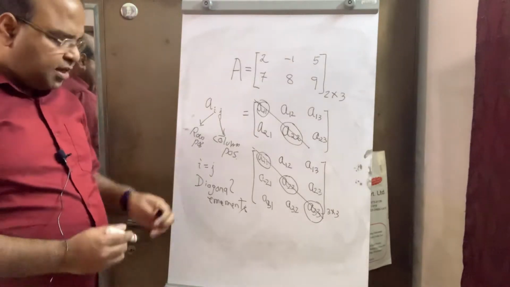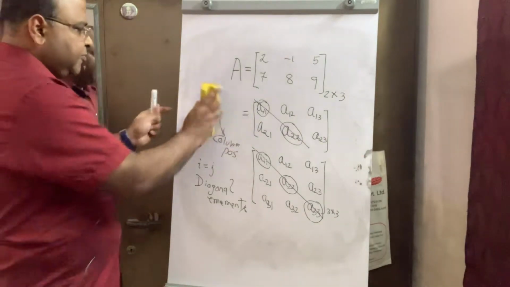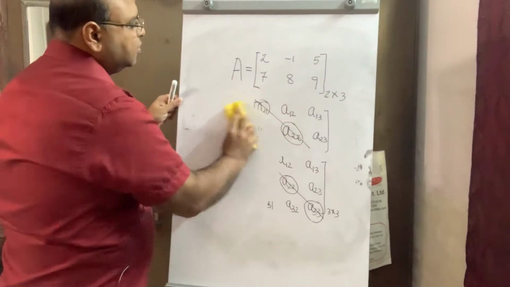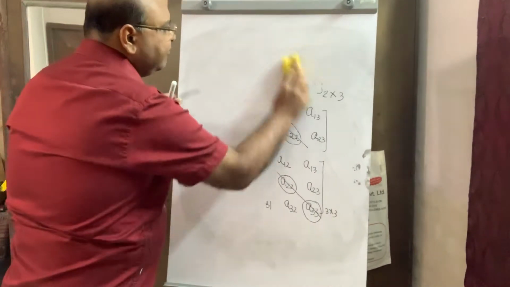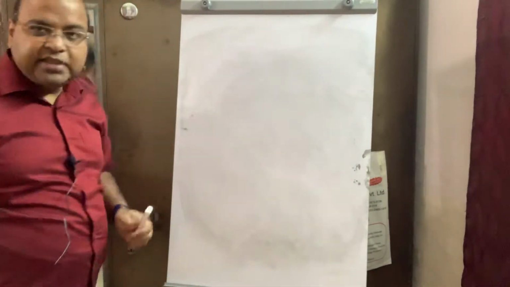Now conversely, we may represent a matrix in a very compact form if we can assign a function to each and every element. Let me illustrate with an example.